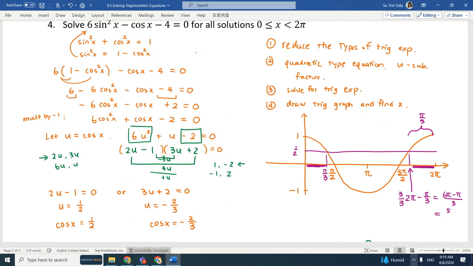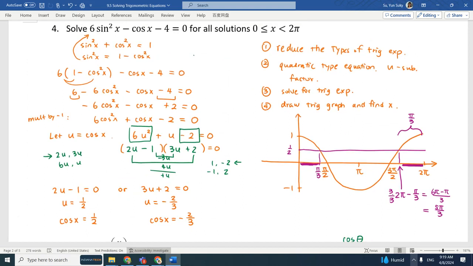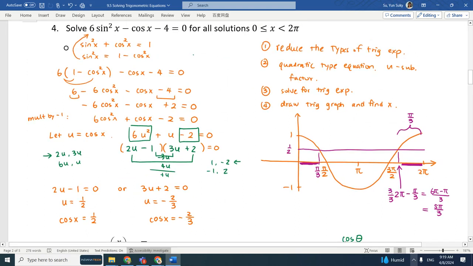The answer is 5 pi over 3. So this corresponds to when the cosine x is 1/2. We get x is pi over 3 or 5 pi over 3. Is that okay, everybody?